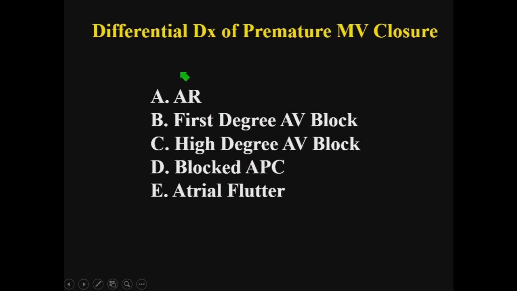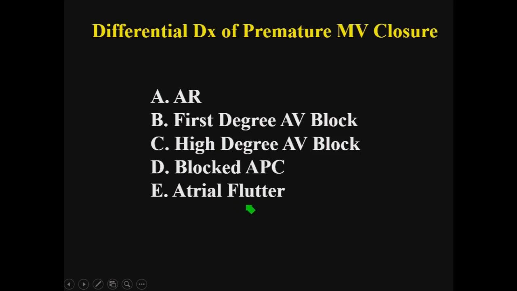It occurs in severe acute aortic regurgitation, but it occurs also in first degree AV block. It can occur in high degree AV block. You can have it in blocked APC, and you can have it in atrial flutter.